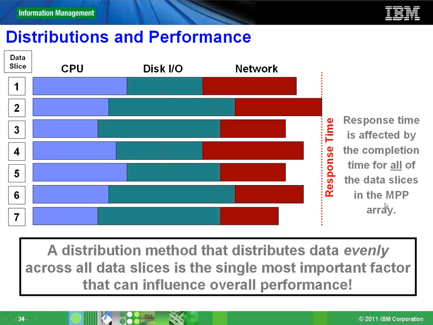So if the other 6 blades finish in 10 minutes, and the 7th blade takes 15 minutes, your response time therefore becomes 15 minutes because partial data cannot be sent back to the user. That is the reason why a good distribution is key to Netezza performance.